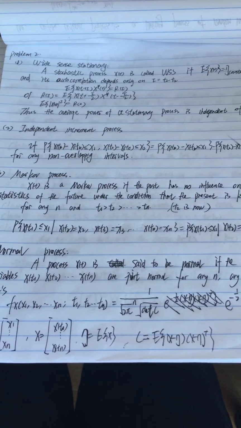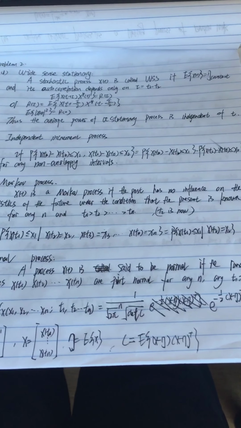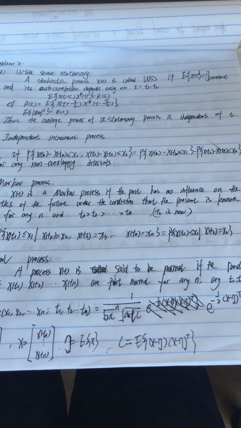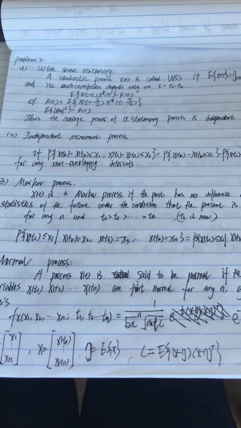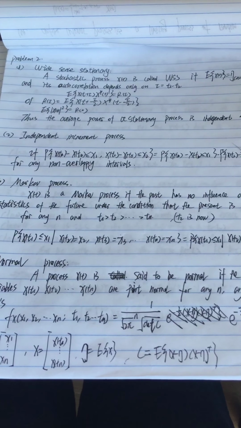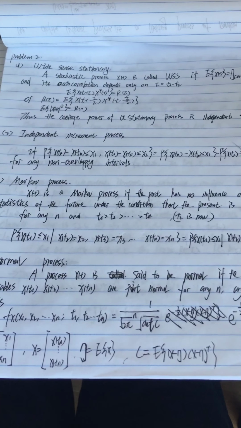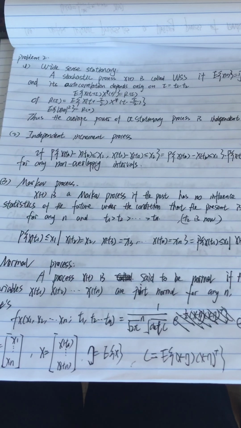A statistical process x(t) is called WSS if the mean of x(t) is equal to a constant, and its correlation depends only on the difference t1 minus t2.